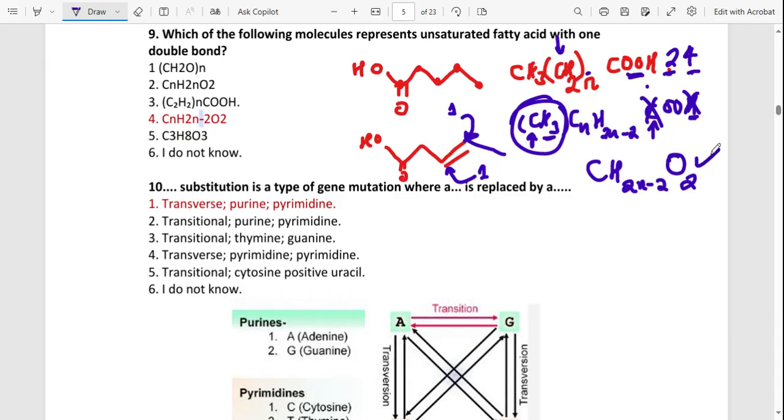So this formula and this formula is actually the same. So CnH2n minus 2 and then O2. Okay. I just forgot to distribute this n. Remember, we're distributing it here also, so it's going to be here. So that's the formula for monosaturated fatty acid.